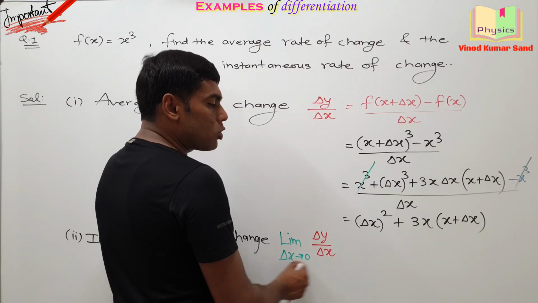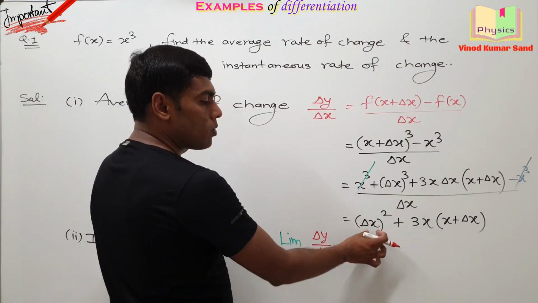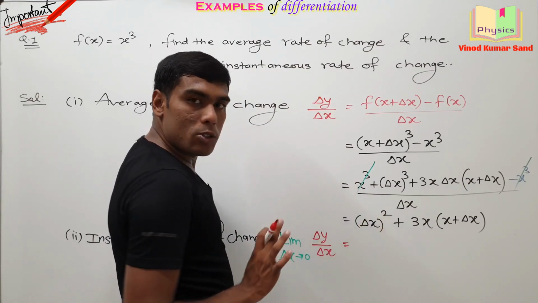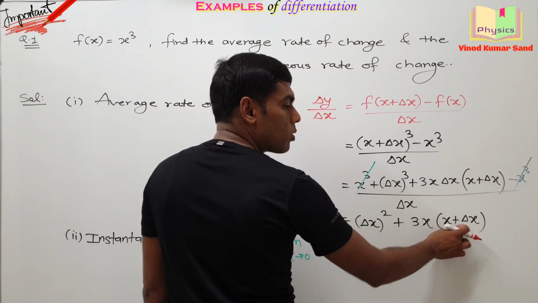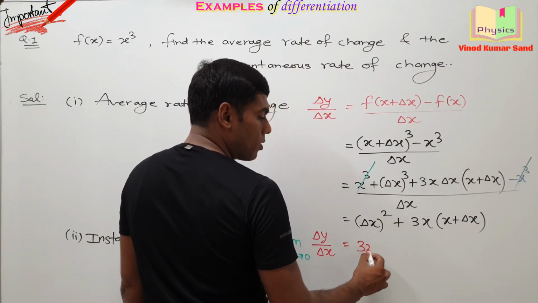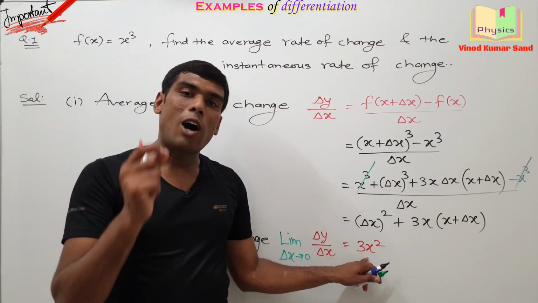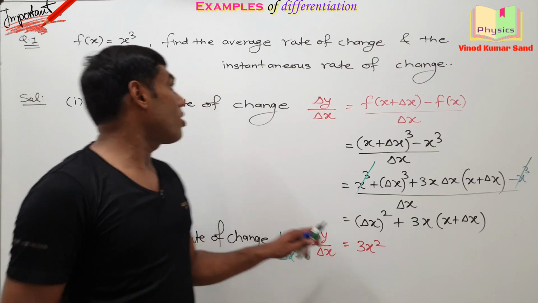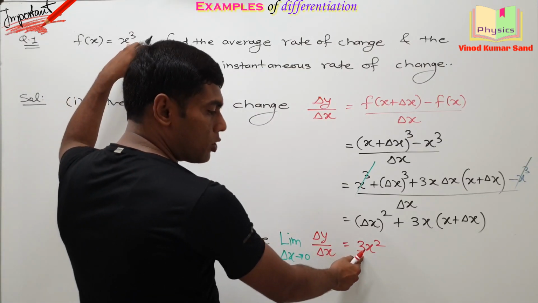If del x is a very small quantity, then its whole square will be how much? Negligible. So you can neglect this quantity. This del x is also approaching 0. So what will be the final remaining answer? Speak up. 3x square. So if someone asks how much is the instantaneous rate of change of this function, then your answer should be 3x square.